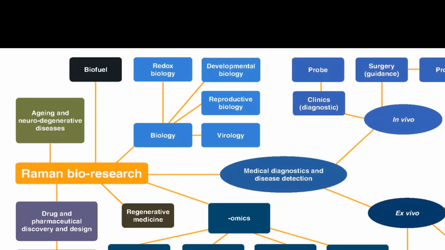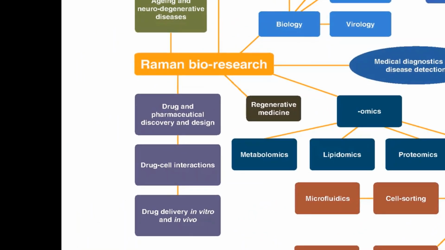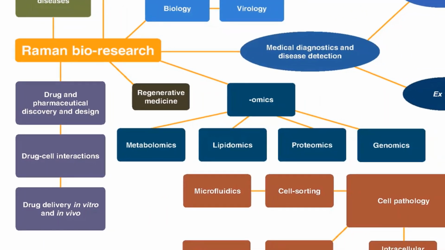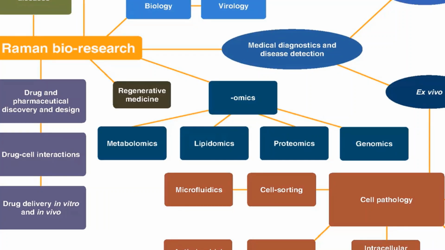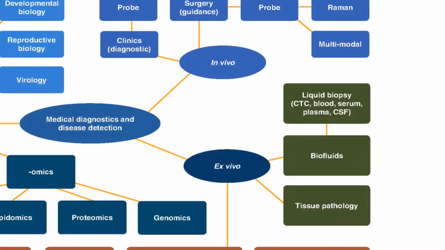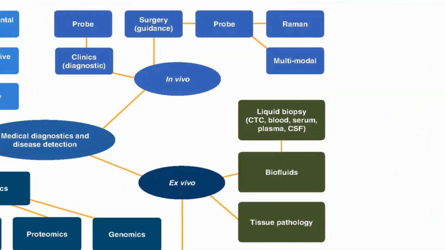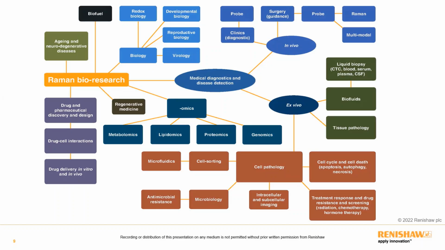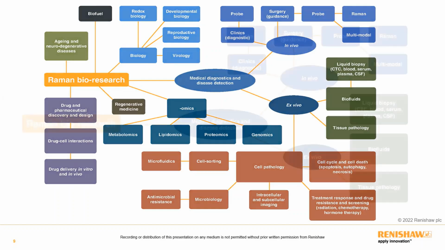It can also be applied to biofuel and drug development, including studying drug delivery in vivo and in vitro. It can be used for various omics analysis, as we briefly discussed earlier. And the application of Raman that we're most interested in today is the ability of Raman to be applied for disease detection and medical diagnostics. So let's look a little bit closer at these specific applications.